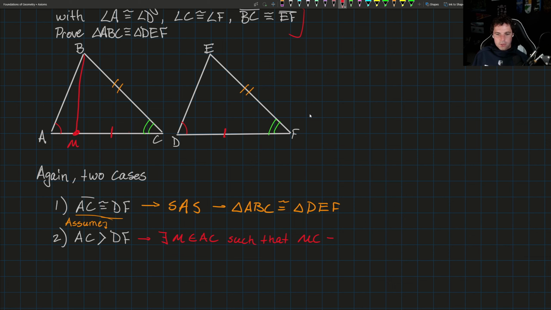Such that MC is congruent to DF. Then, again, as you can see, triangle BMC, I guess MCB, MBC, we'll go with MBC, is congruent to triangle DEF by SAS.